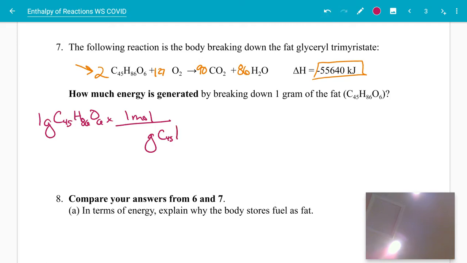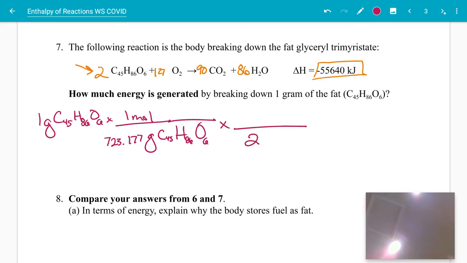It's C45H86O6. Yes, I will add up the mass for you if you're taking the time to listen to this. The mass is 723.177 grams. Okay, so our grams have canceled off, and now our unit is moles.